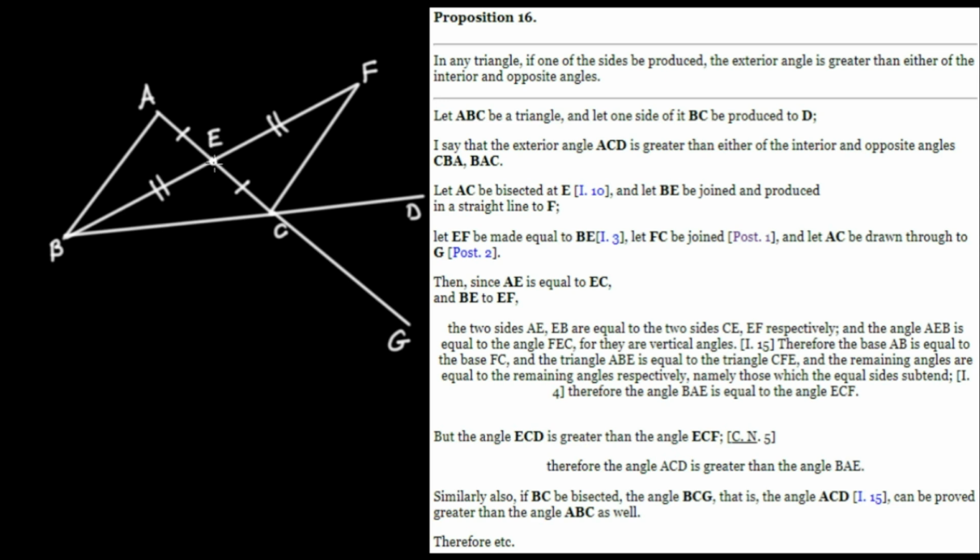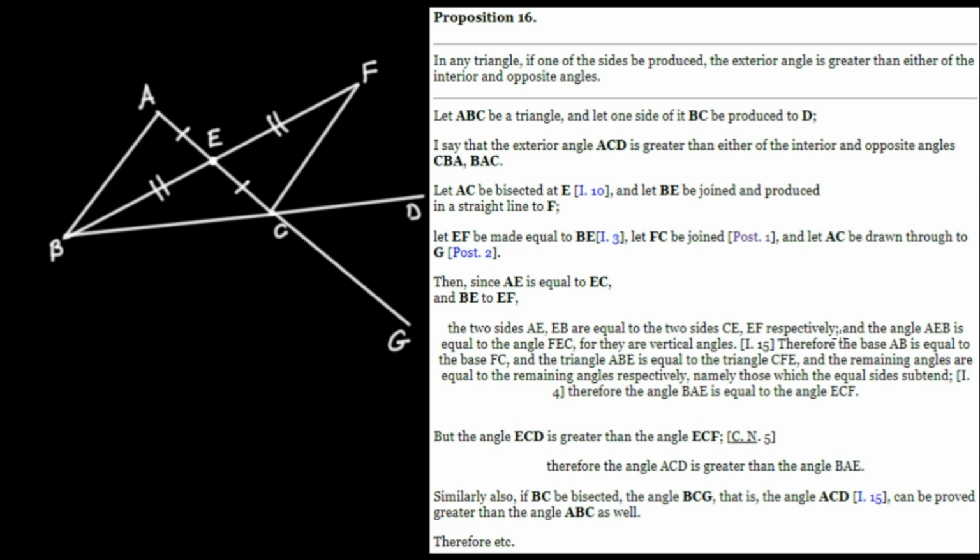By construction using proposition 3, when we extended BE, we made EF equal to BE. So that's clearly true. And he says the two sides AE and EB are equal to the two sides CE and EF respectively. So let's check that. So AE is equal to EC, or CE, and EB is equal to EF.